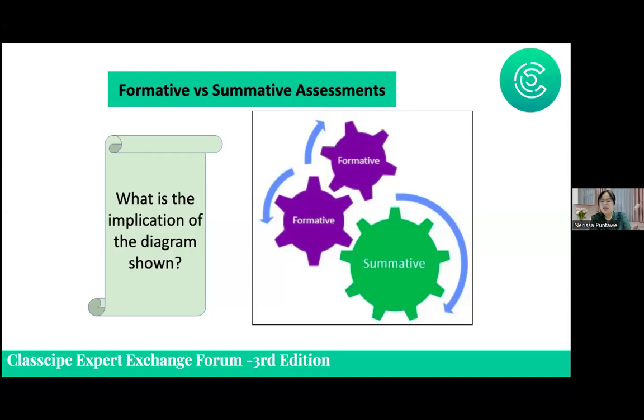Okay, so we have here from Martha, who says formative assessment is continual, after every unit, so it's continuous, and summative happens after consolidating all formative. That's a very good analysis of that diagram.